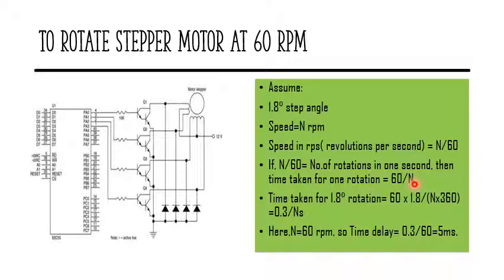So the time taken for 1.8 degree rotation is 60 into 1.8 divided by n into 360, which is equivalent to 0.3 by n seconds. The speed of continuous rotation will be n RPM. Here the required speed n is 60 RPM. So the time delay is 0.3 by 60, that is 5 milliseconds.